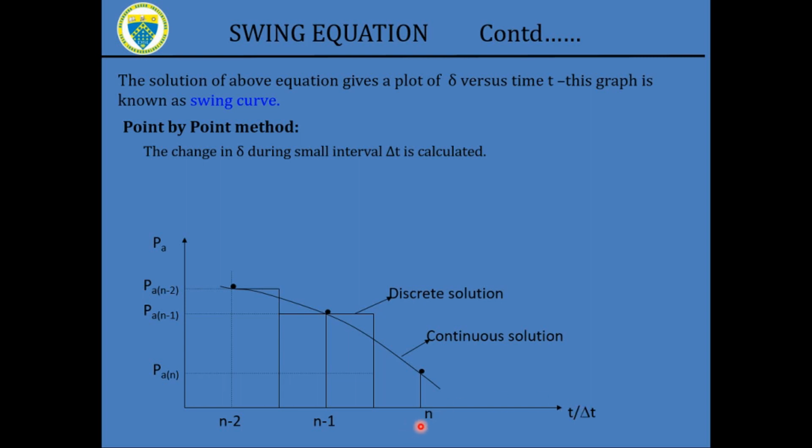Now this is the nth interval, n minus 1, n minus 2 interval. The accelerating power corresponding to the nth interval is given by Pa of n minus 1.